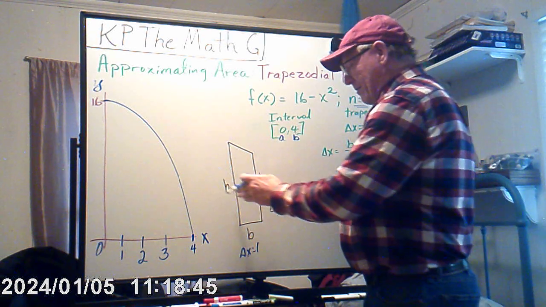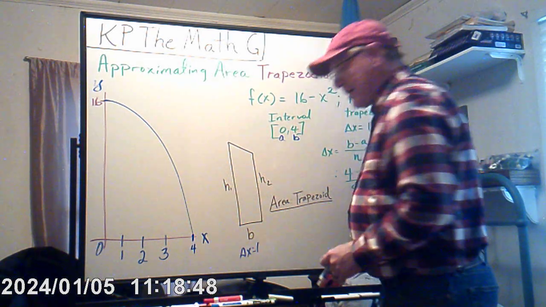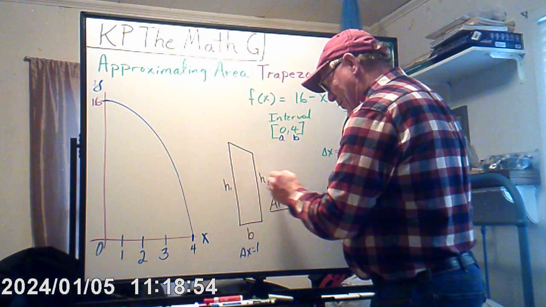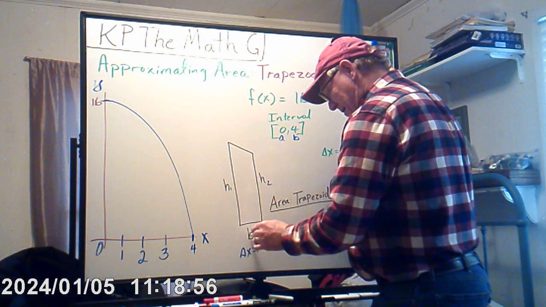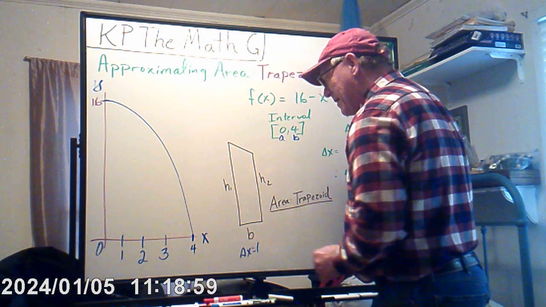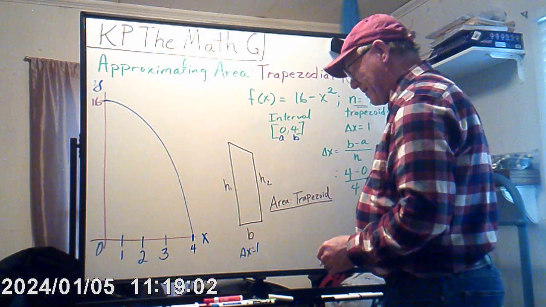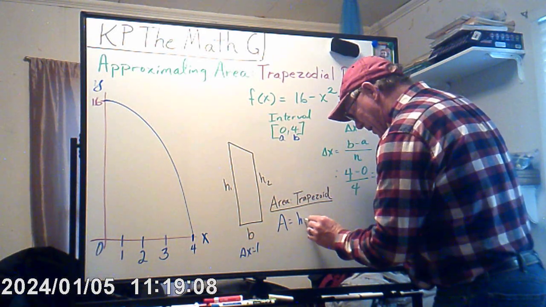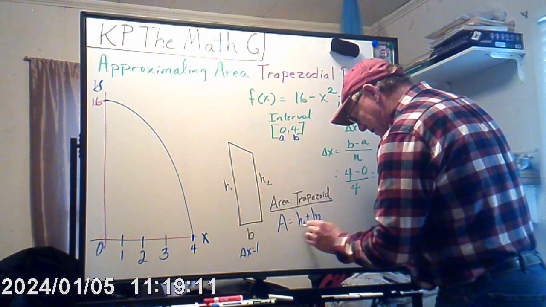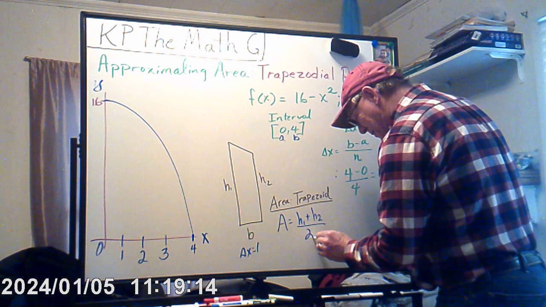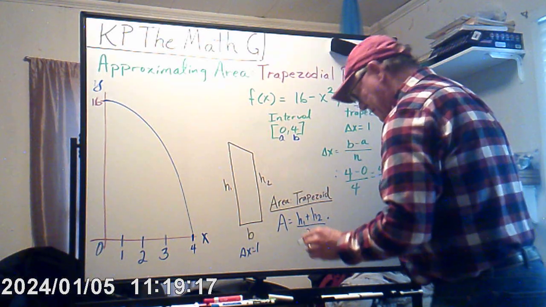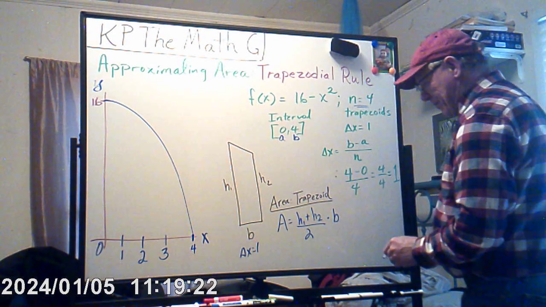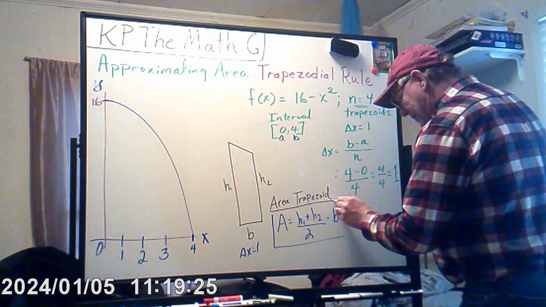Usually we say base 1 plus base 2, but since these are heights, we're going to call this h1 plus h2, times b. The area is h1 plus h2 divided by 2 times b, which in this case is delta x. That is the area of the trapezoid.